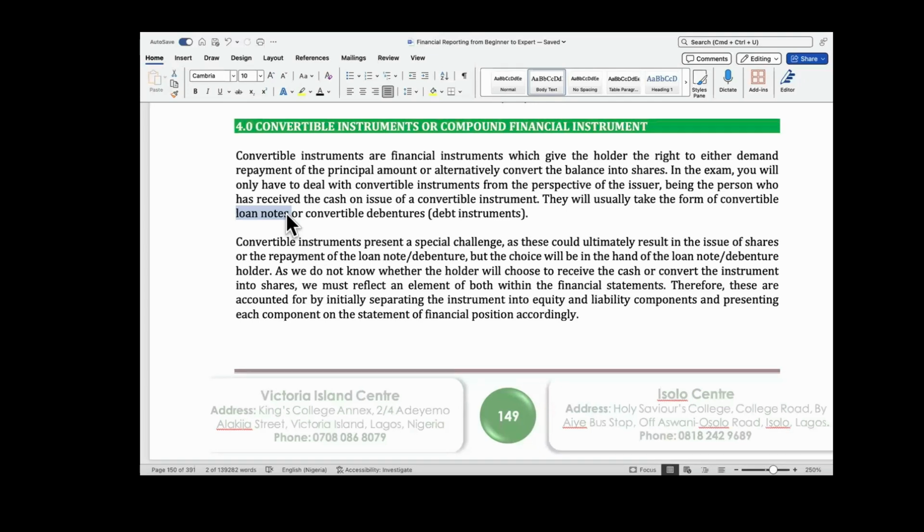Then how do you get the value of your liability? Also very easy, because what you're trying to do is get the value of my liability today. And when you look at a liability, the value inherent in it is two. Number one, the interest you are going to pay per annum, and also the principal you will pay at maturity.